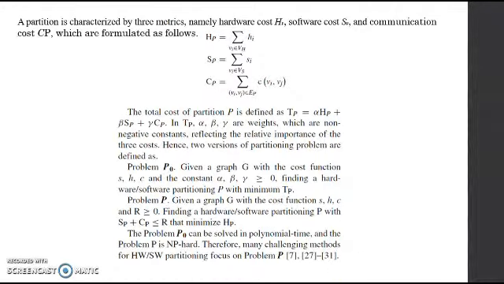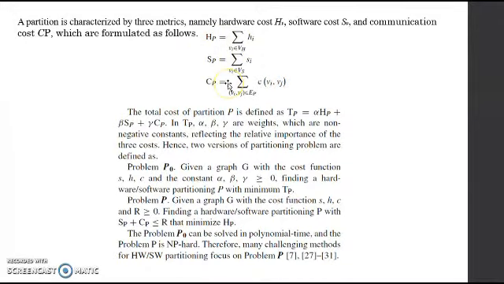So a partition is characterized by three metrics, namely hardware cost, H suffix P, software cost, S suffix P, and communication cost, C suffix P, which are formulated as follows.